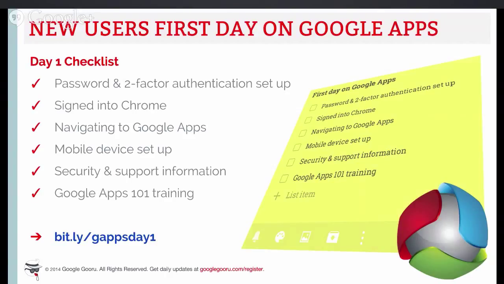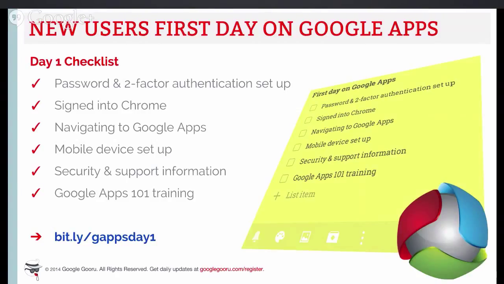If you're using mobile devices, it's probably a good idea to also walk through that setup with them on their first day, get their device synced up with their Google account, synced up with your domain, and have them up and running, and also help them set up the two-factor authentication on the mobile device.